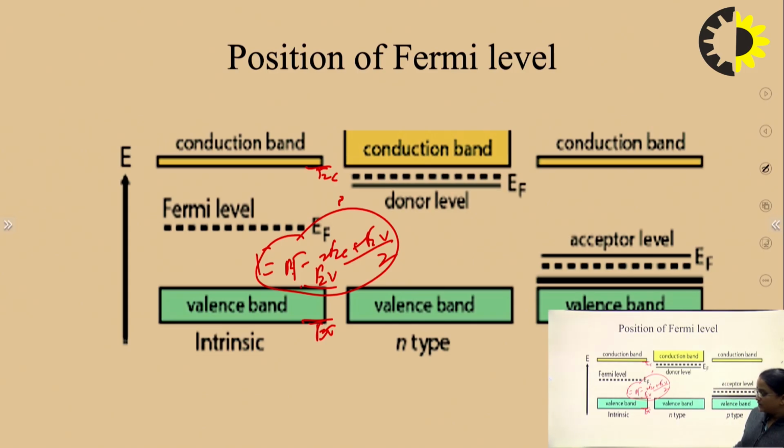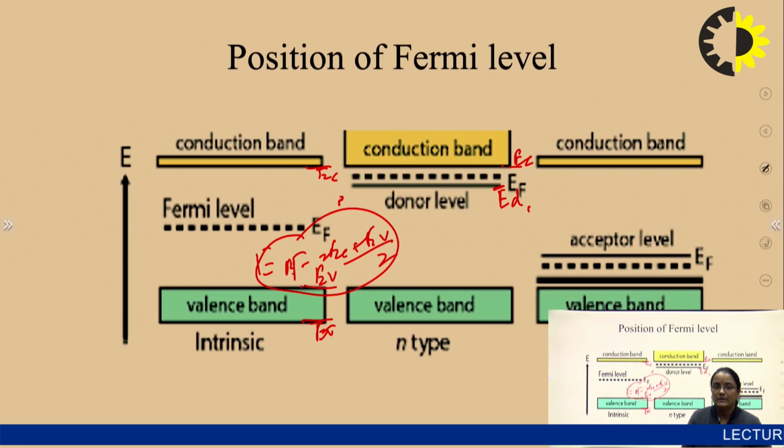Next, moving on to the n-type. In case of n-type, this Fermi level is close to the conduction band edge, or we can say that it is lying near your donor level. Donor level is represented by ED, and this edge is EC. So, we can also say that EF is lying between your EC and ED, or in other words, the Fermi level will be close to the conduction band in case of n-type semiconductors.